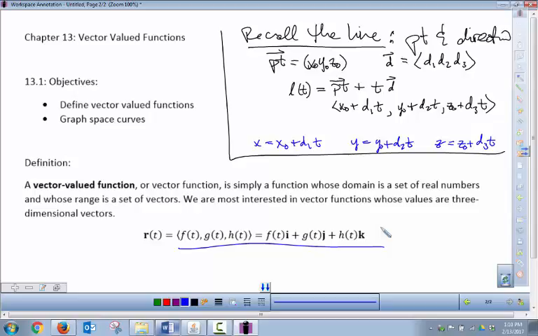Is it going to be a surface in space, or is it going to be a curve in space? What do you guys think? Let me rephrase the question. Is it a one-dimensional curve or a two-dimensional surface in three-dimensional space? Any ideas?